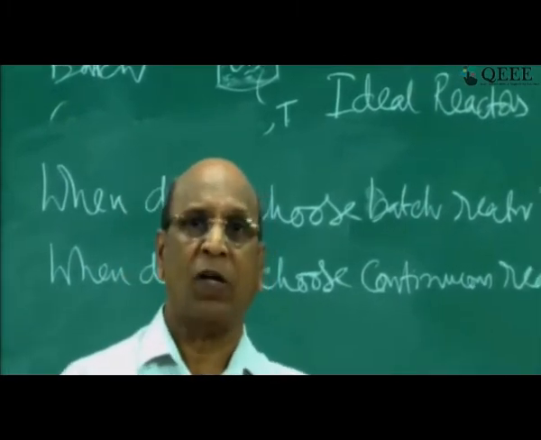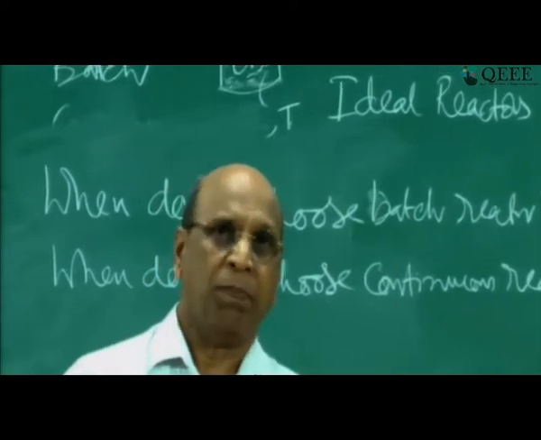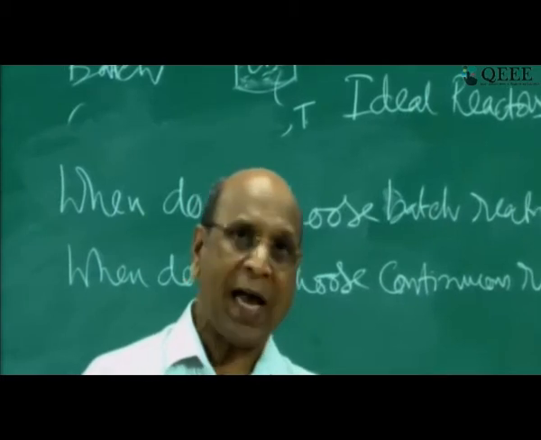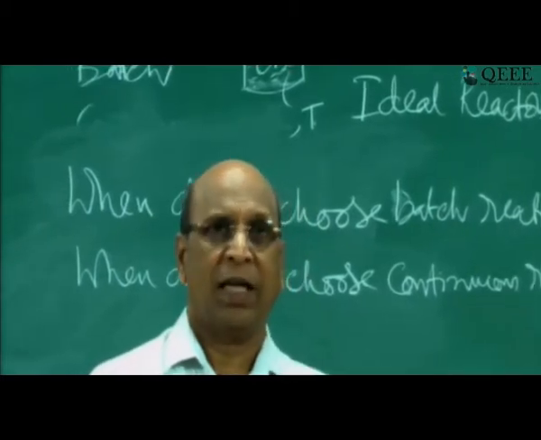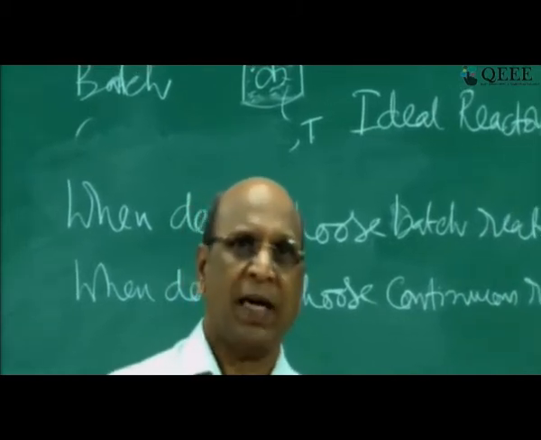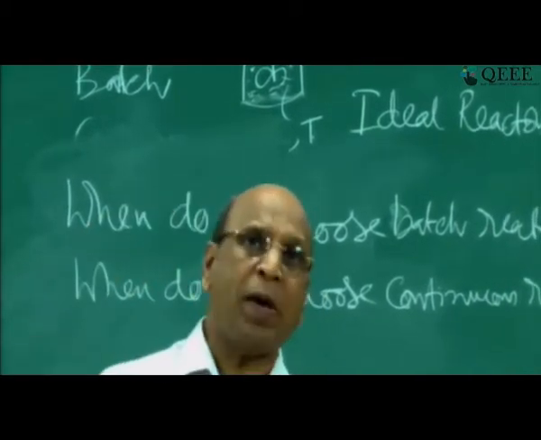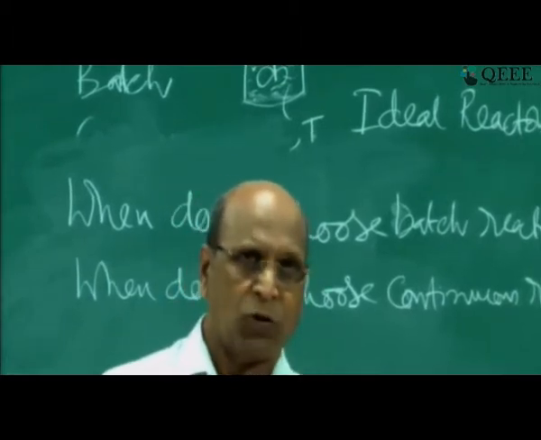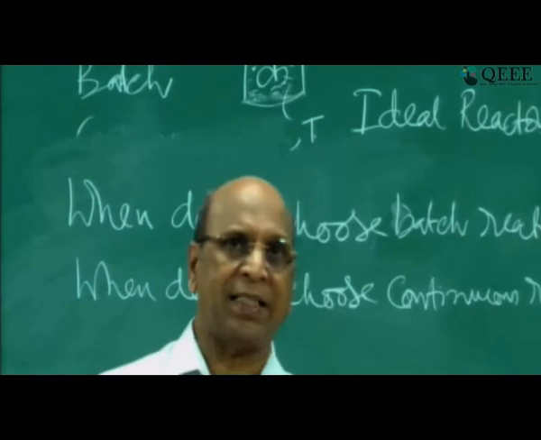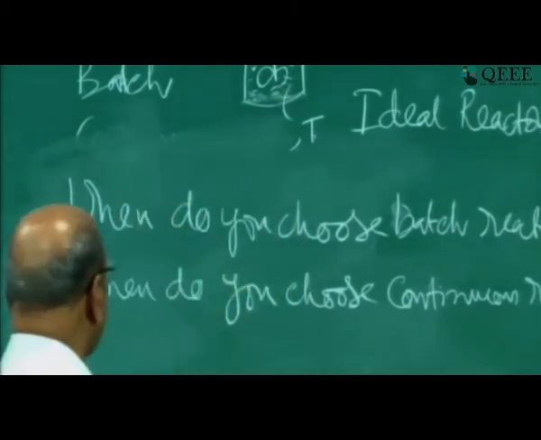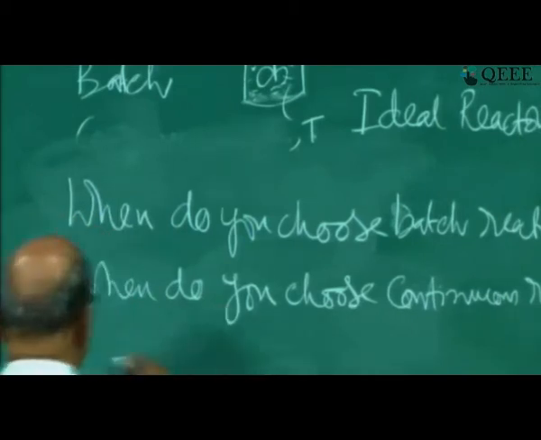I am talking about, let us say, 1 ton per day or 2 tons per day, maybe up to 10 tons, which is the maximum. Then you may have batch reactors. But for 1 ton, 2 tons and 500 kgs, definitely a batch reactor can be used. So for small productions, a batch reactor can be used.